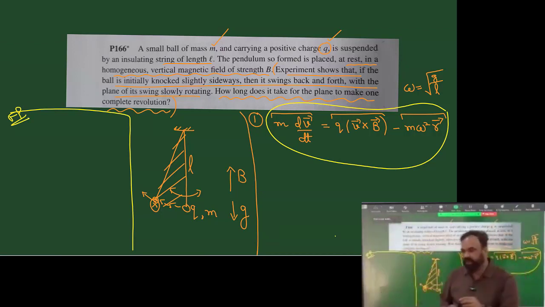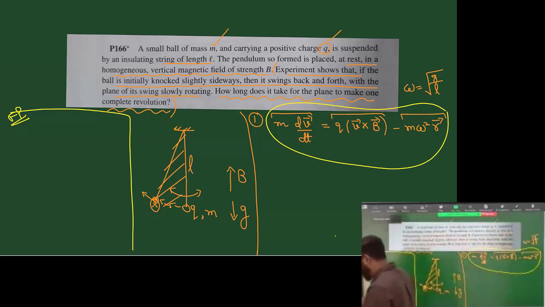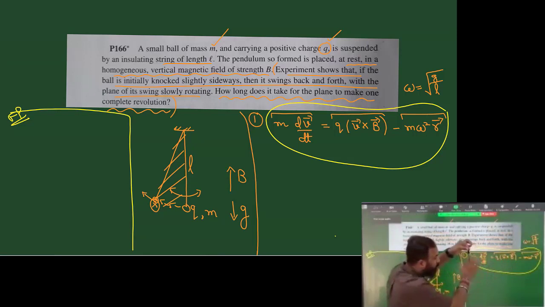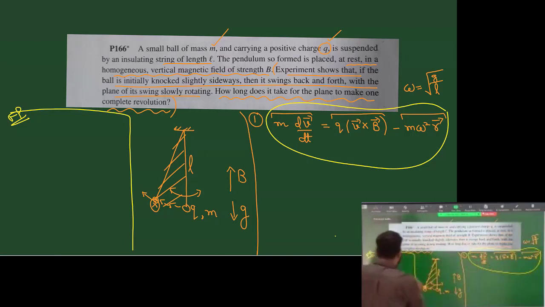The situation is, you take this pendulum which is oscillating. Forget this question and think about a new question now. Take a pendulum which is oscillating, there is no magnetic field. Now do one thing, you start observing this pendulum from a rotating frame of reference which is itself rotating with an angular velocity about this axis.